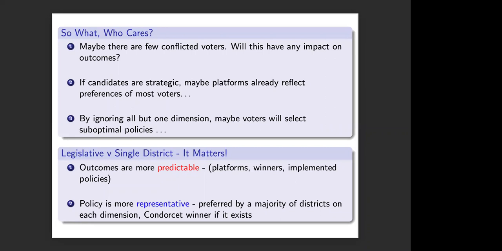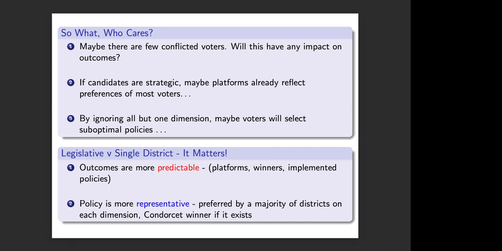And so we can end up in a scenario where good policies aren't even chosen, or are not even on the ballot. And so you can have cases where for the same distribution of voter preferences, we can get very different platforms, winners, and implemented policies. Whereas what I'm going to show is that in a legislative election, the platforms, the winners, and the implemented policies are all uniquely pinned down by voter preferences. And so we get a much more clear mapping from preferences to outcomes than we would in a single district.